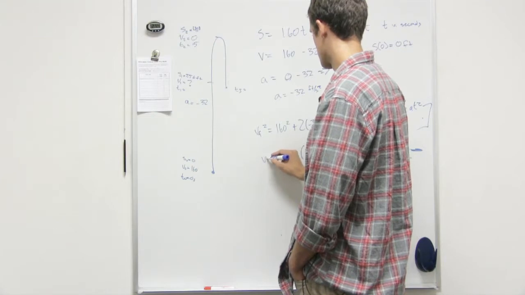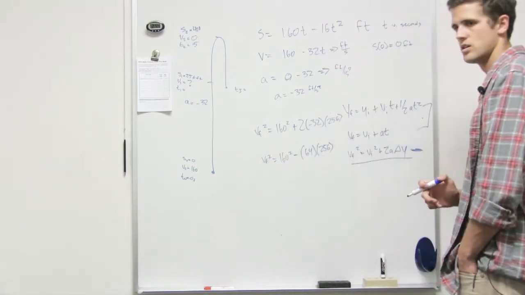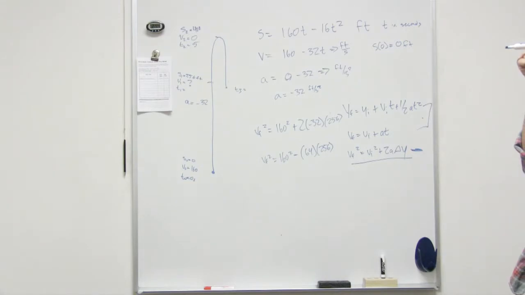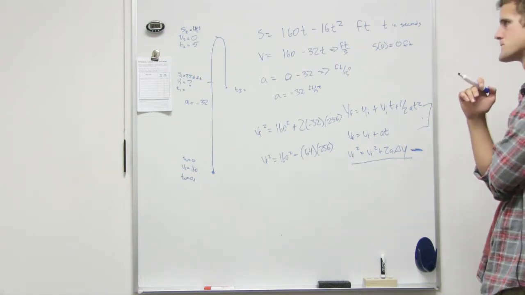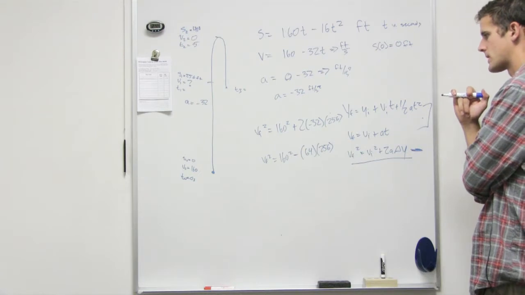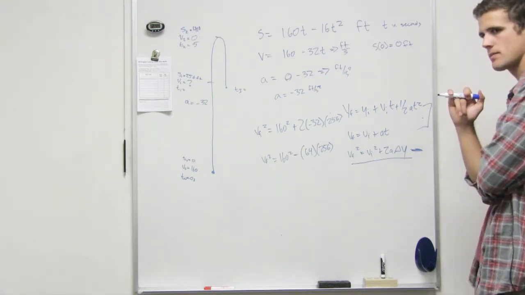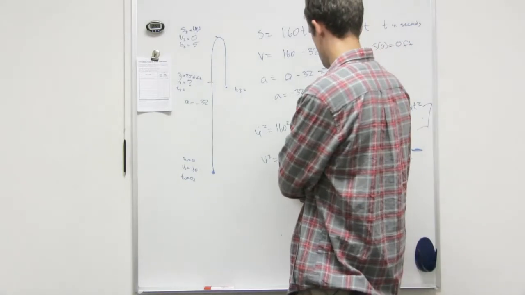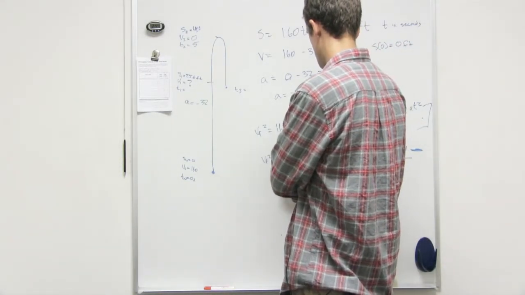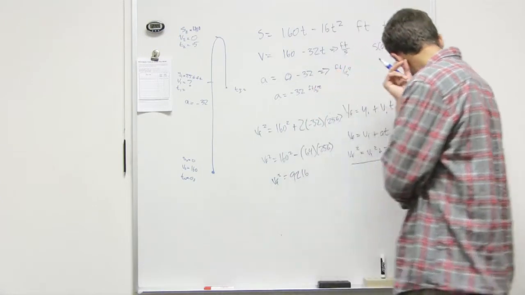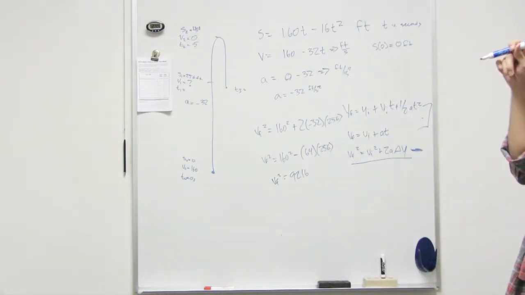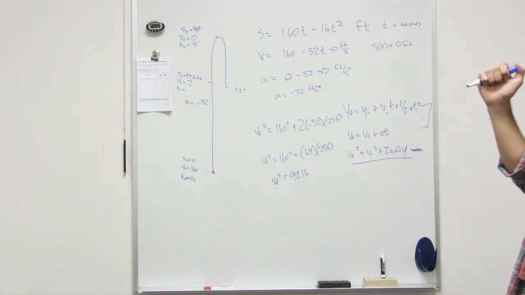That'll give you your velocity squared. Okay. 9,216, and then you just take the square root of that. 96. Okay.